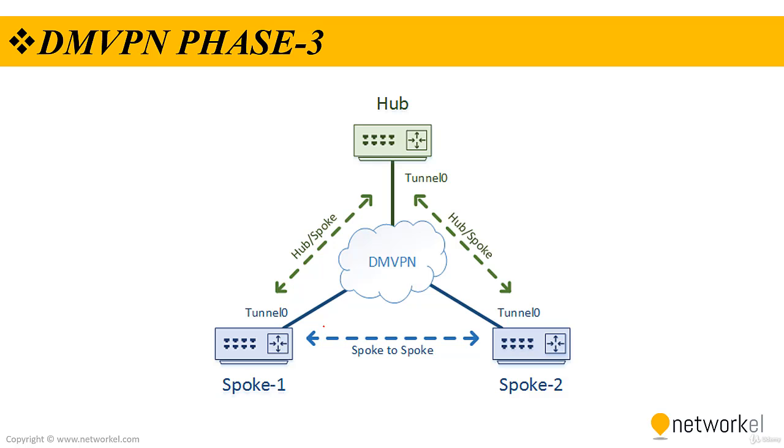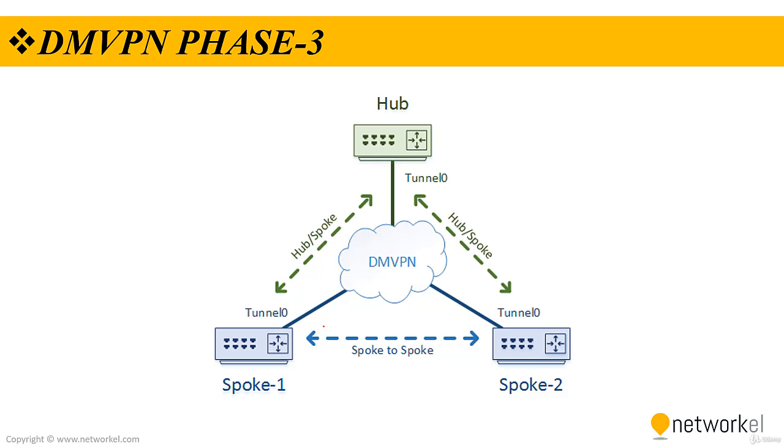The NHRP redirect message provides the necessary information so that the originator spoke can initiate a resolution of the destination network. In DMVPN Phase 3, NHRP installs paths in the routing table for the shortcut it creates.